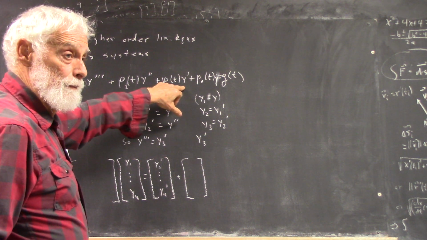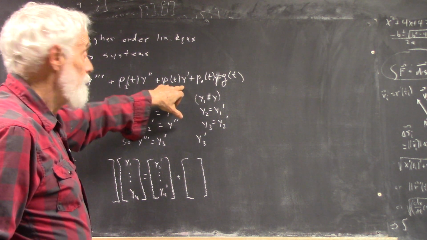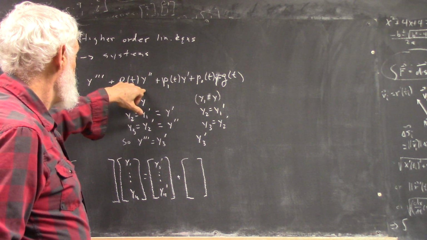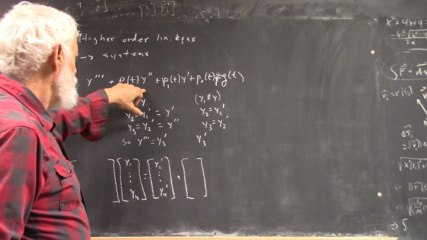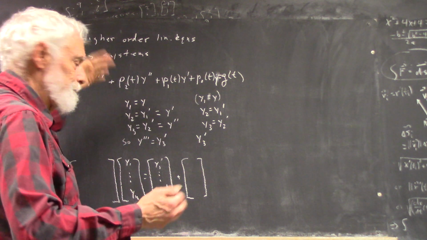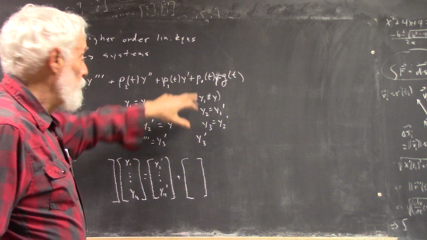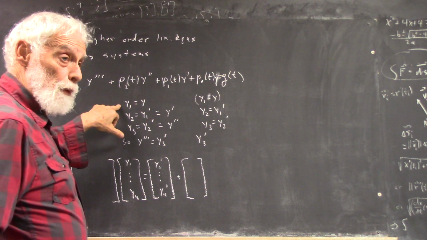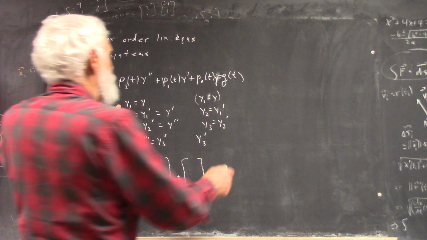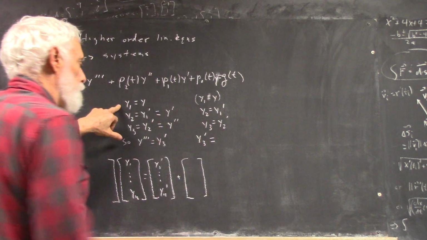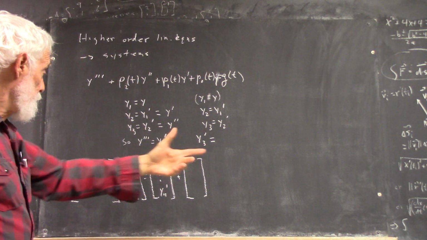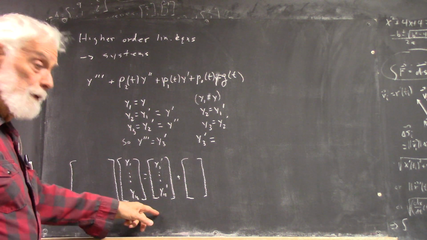And wouldn't you just replace it with y3? Yeah, you'd replace it with y3. Duh. Okay? And y prime is going to be replaced with y2, and y is going to be replaced with y1. Now, when I do that, I'm going to do everything on this side of the equation because I want y3 prime equal, because that's the way the differential equation is going to come out.